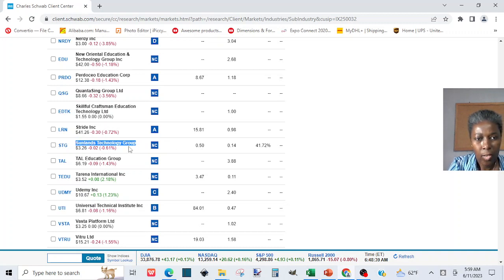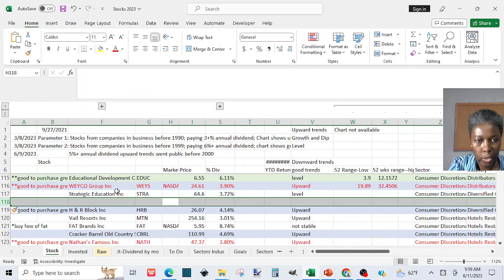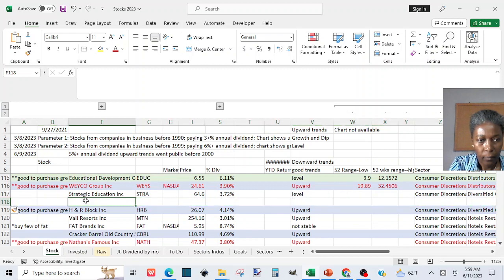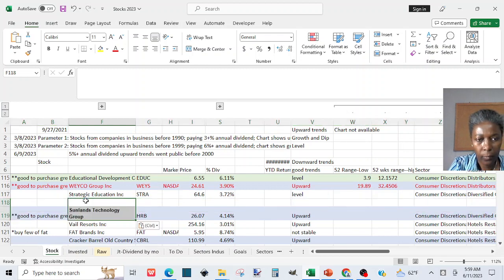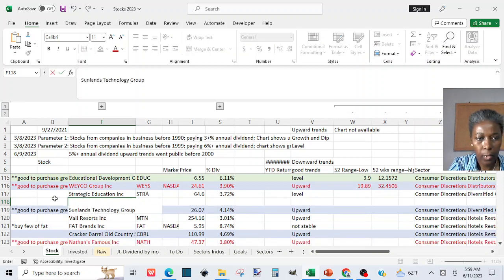And you'll notice that it has "Group." I will assume it's a corporation. Okay.